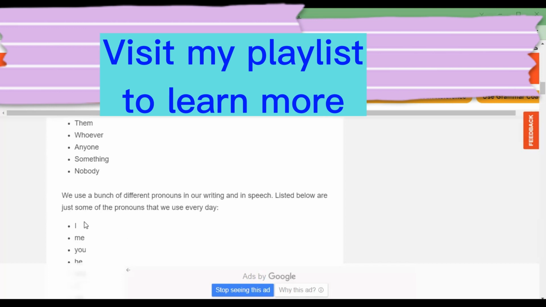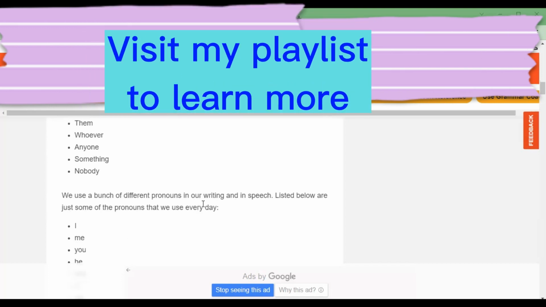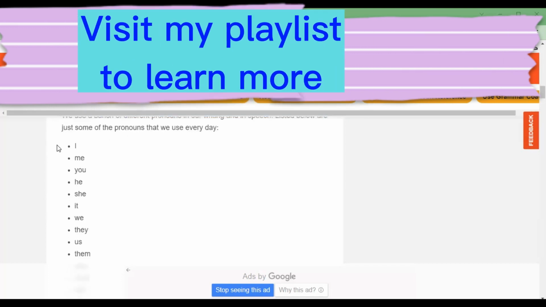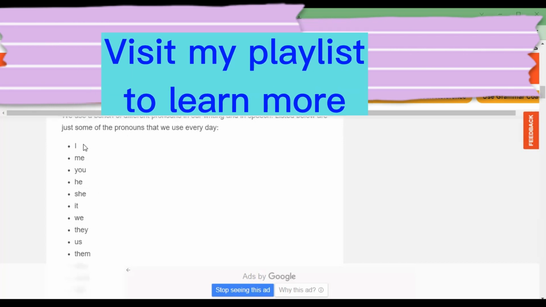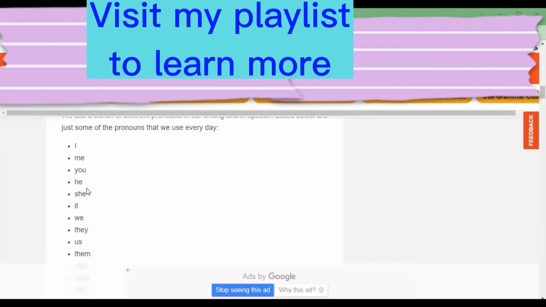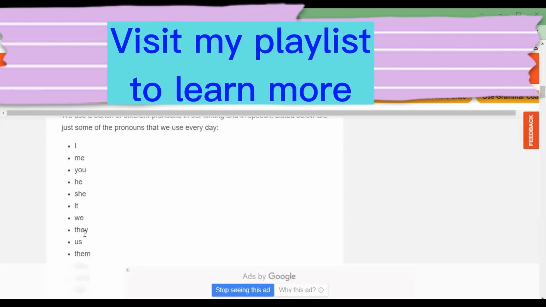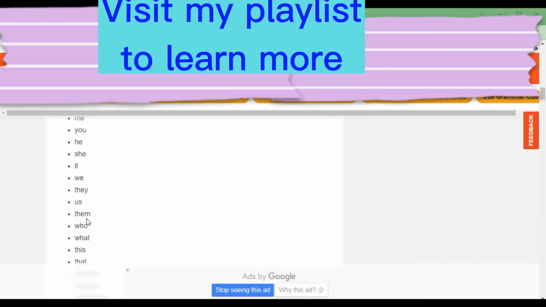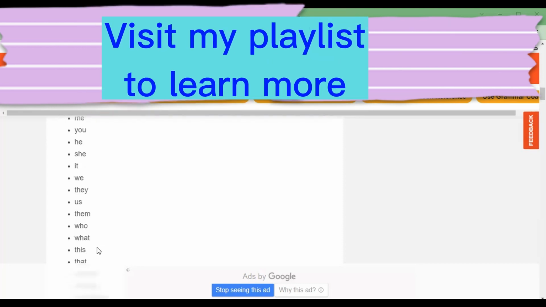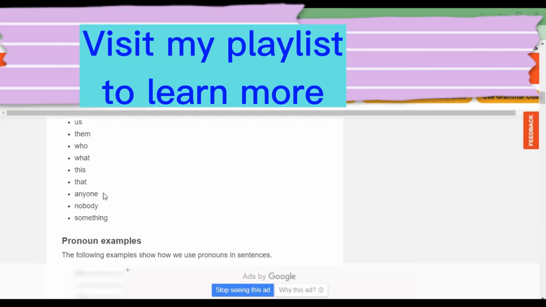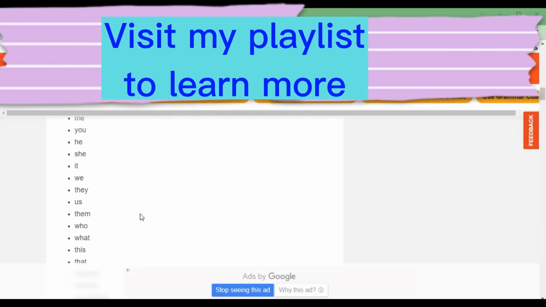Listed below are just some of the pronouns that we use every day: I, me, you, he, she, it, we, they, us, them, who, what, this, that, anyone, nobody, something.